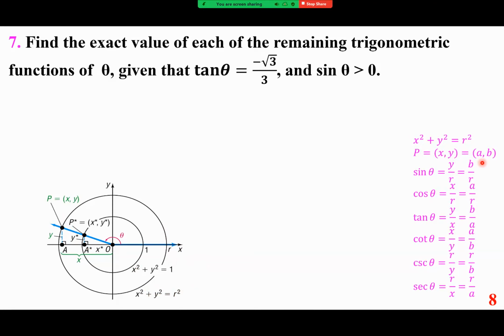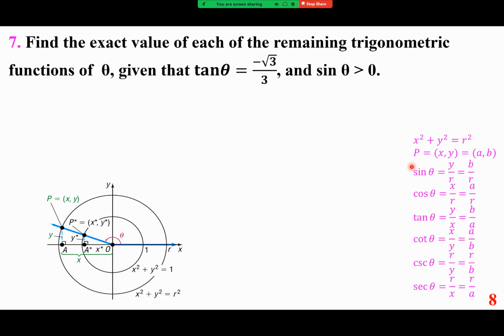And by definition, if you remember, sine was y and cosine was x for the unit circle, because the radius was 1. If the radius is 1, it becomes y, it becomes x. But when it's not, in general it becomes y over r, x over r.